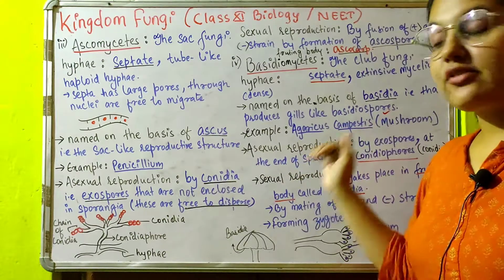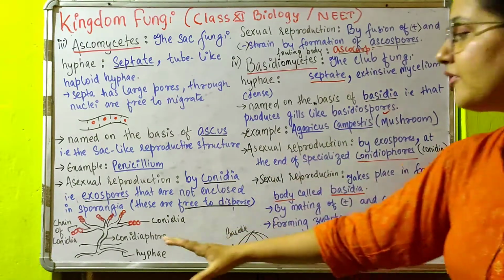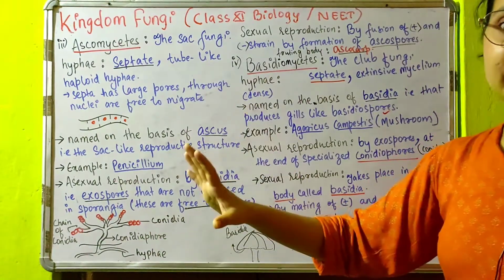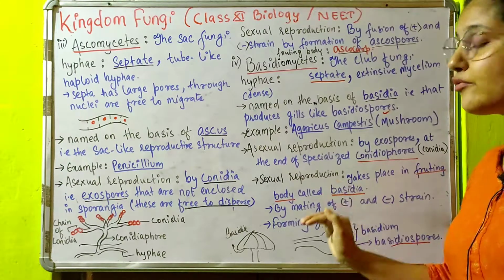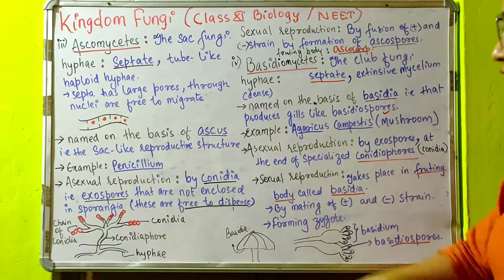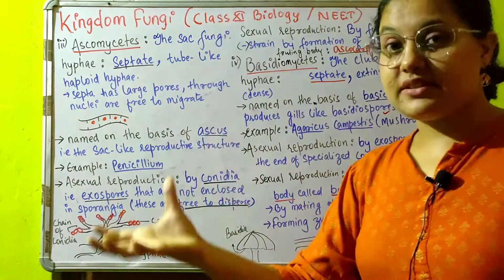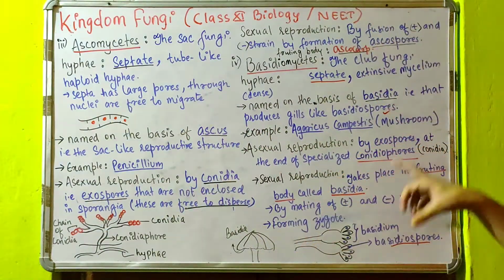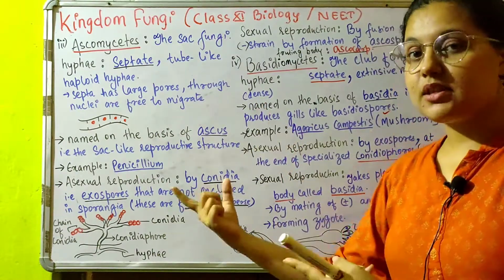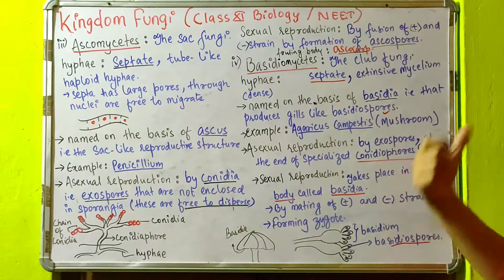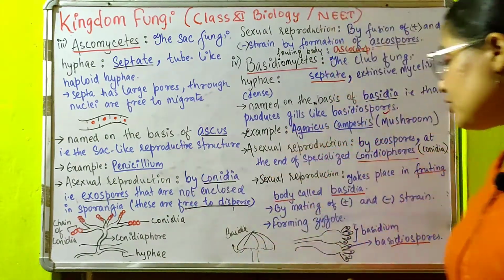Asexual reproduction here also happens with the help of exospores, that is, with the help of the conidiophore and conidia. Sexual reproduction, children, takes place inside a fruiting body known as basidia. Inside this fruiting body there are basidia. And now you see there is also the meeting of plus and minus strands, the same thing, and there is a formation of zygote as the plus and minus strands meet.